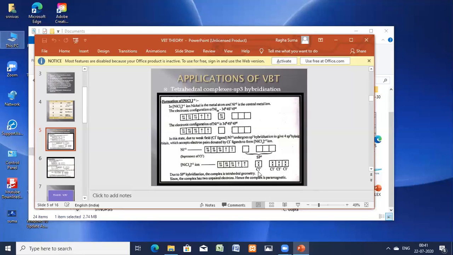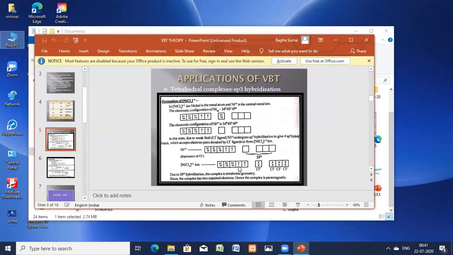So in similar fashion, 4 chloride ions donate 4 pairs of electrons to the 4 hybrid orbitals of the nickel, thereby forming the nickel tetrachloride anionic complex.